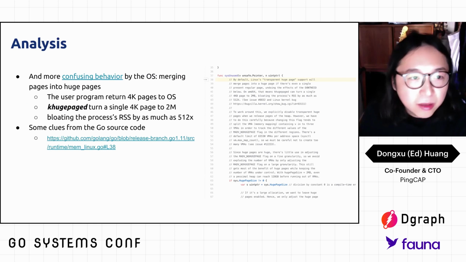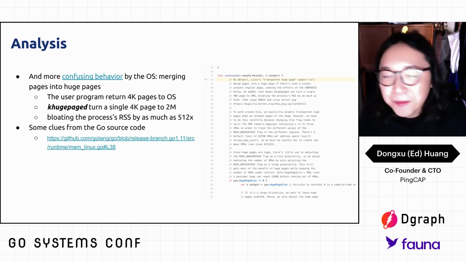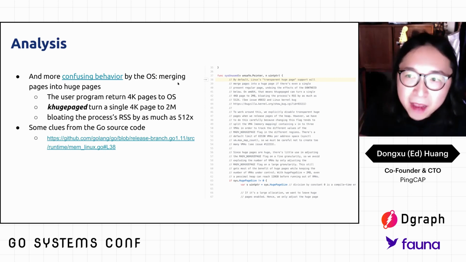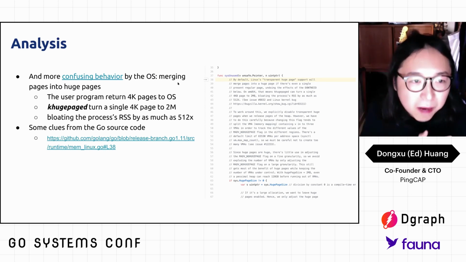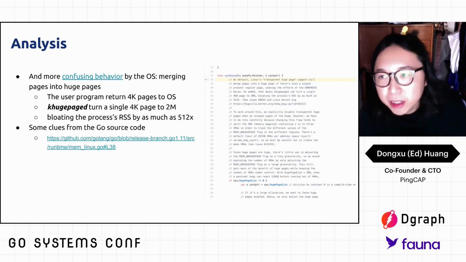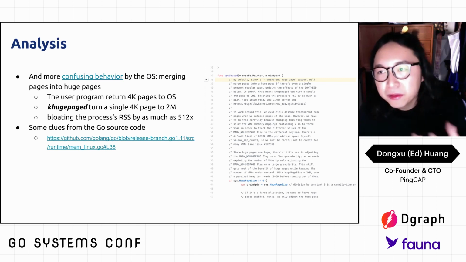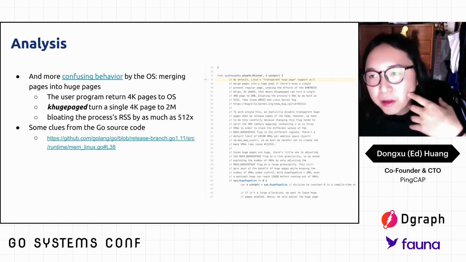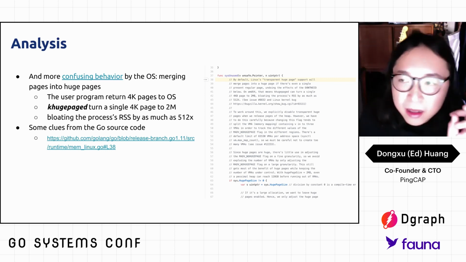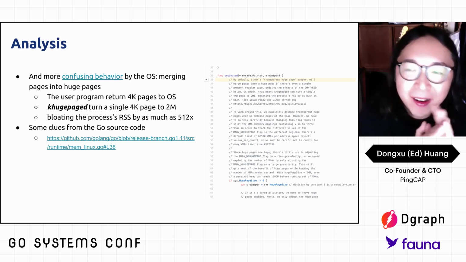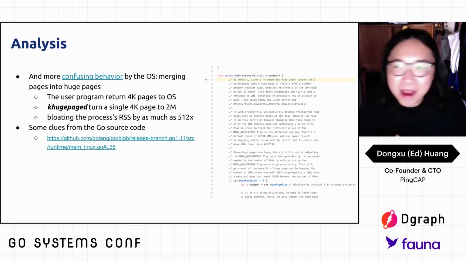Another more confusing behavior by the OS is a behavior behind THP. For example, you allocate 4K memory from the OS and return it back to the OS, and that sometimes may cause amplification when you return the memory.